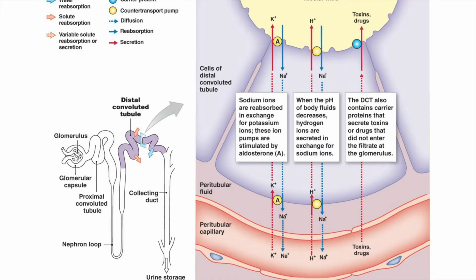And this shows what's going on in the distal convoluted tubule, or DCT. We can see sodium and potassium are being exchanged. Hydrogen ions then can be exchanged for sodium. And toxins and drugs will be secreted here from the blood out into the fluid to get rid of them.